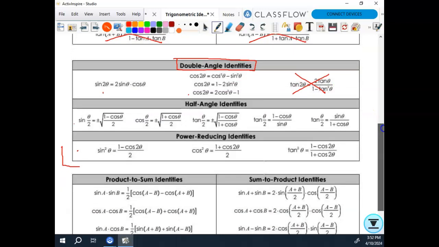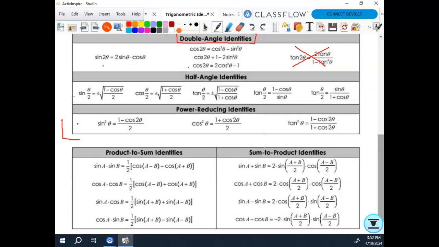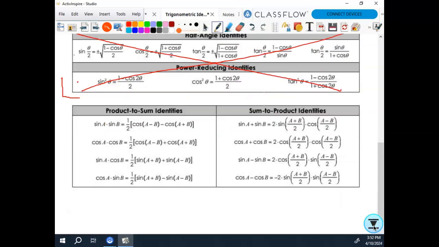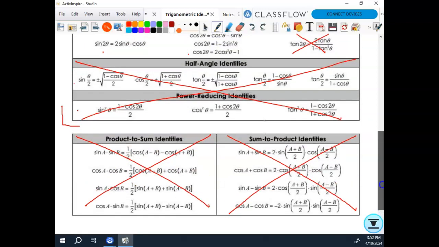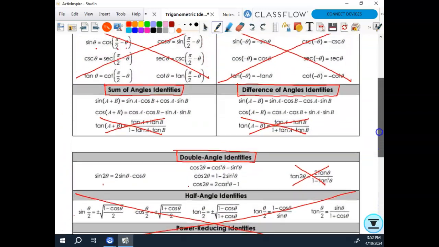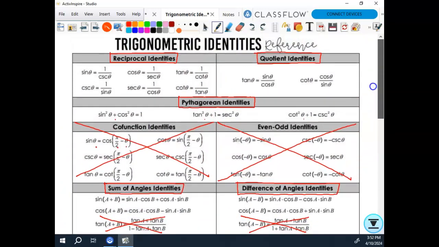And then we get up to here, and we don't need to know half angle or power reducing, so I'm going to mark those out. Okay. And then we also are not doing product to sum or sum to product. So when you feel like this is overwhelming, there's a whole lot more that they could make you have to know, and you don't have to.